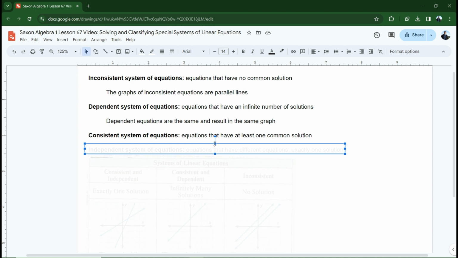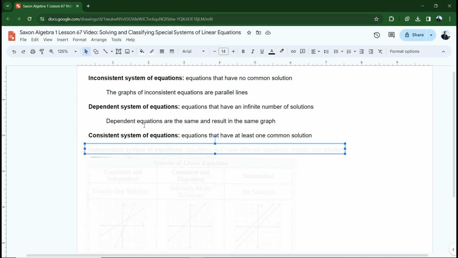Dependent systems are consistent systems because their graphs intersect at every point. A consistent system could also be two graphs that intersect at just one point. As long as they intersect somewhere, they're consistent.